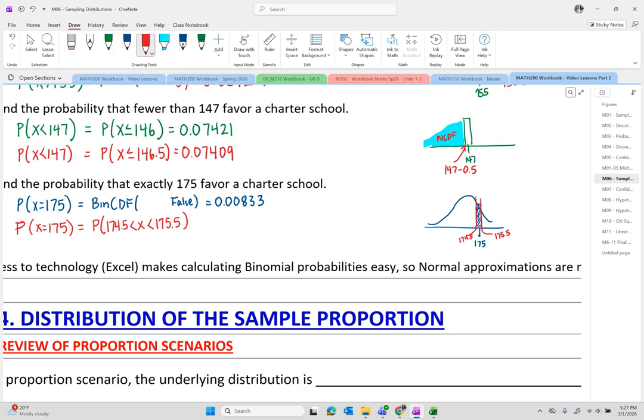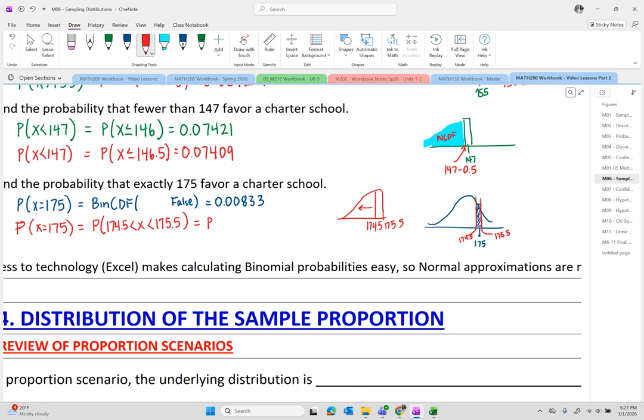If you are in Art of Stat, you will actually do an interval, find the probability of an interval. But if you are using Excel, you have to get the area from 175.5 and then subtract the area to the left for 174.5, and that's how you will find the area in between.